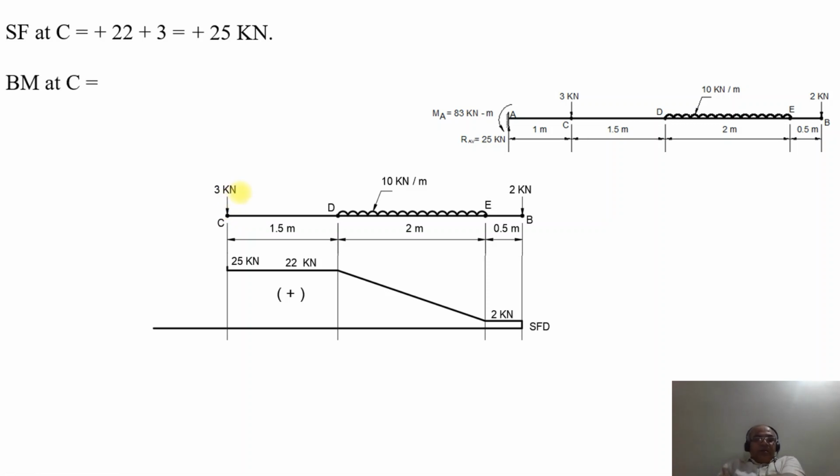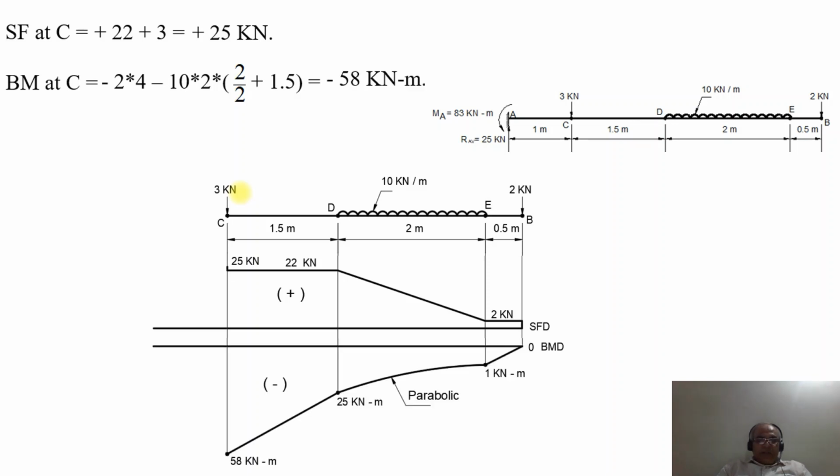Now what will be the bending moment at the point C? The bending moment at the point C will be equal to minus 2 into 4 minus 10 into 2 by 2 plus 1.5, which will be equal to minus 58 kilonewton meter. So that is what we explained in the last step itself. Now it is minus 58 kilonewton meter at the point C.